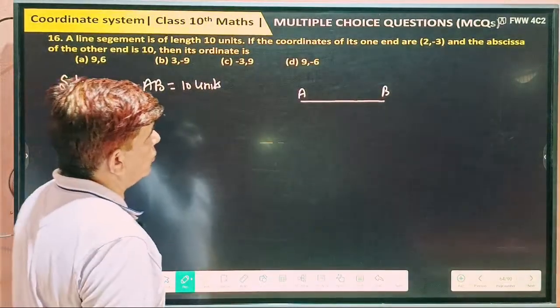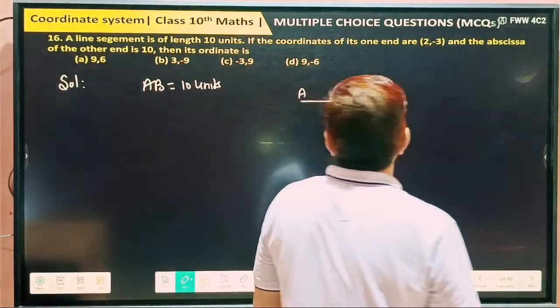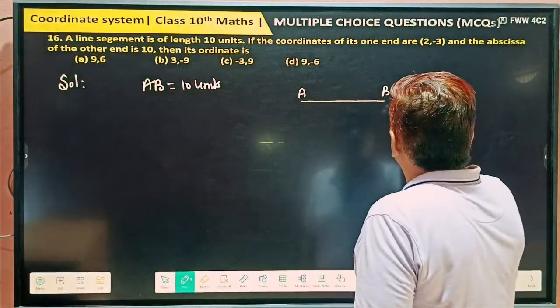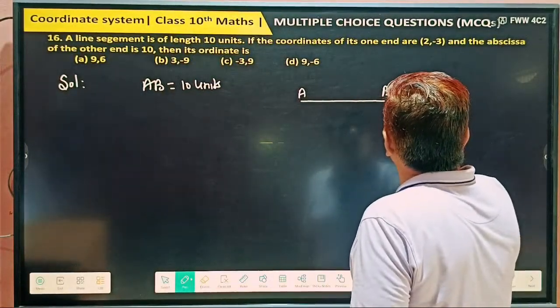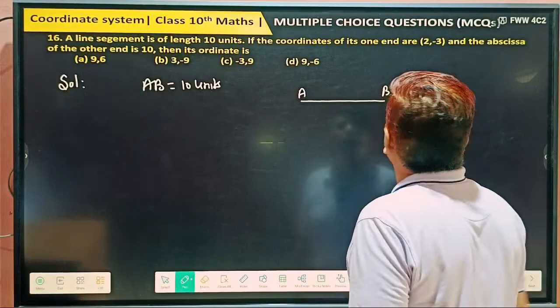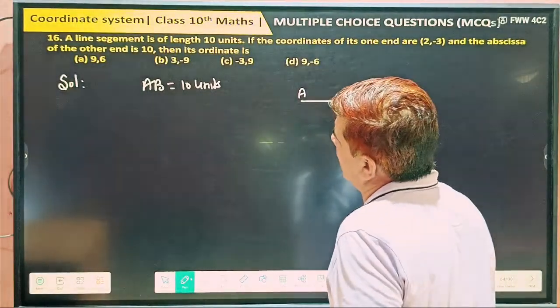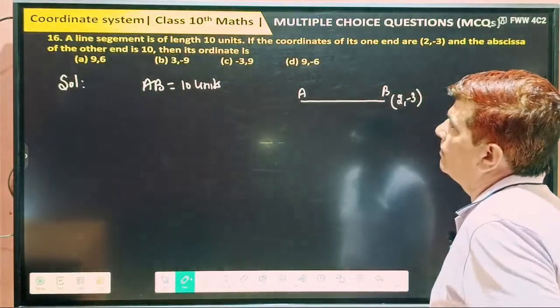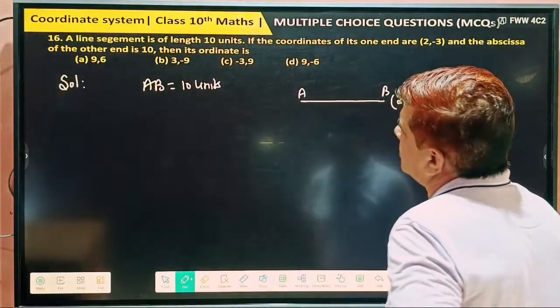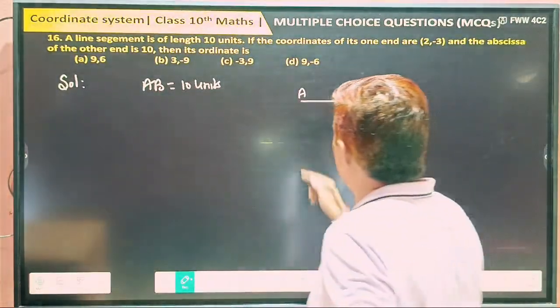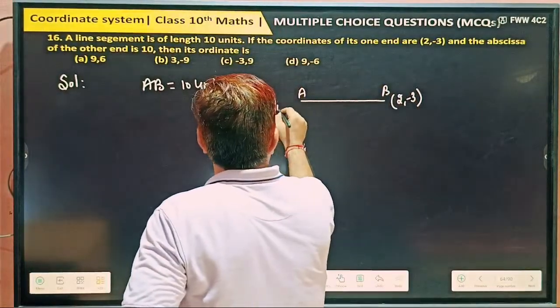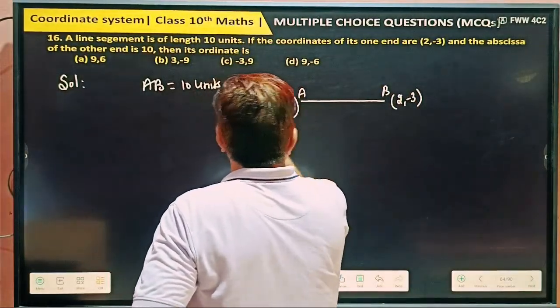If the coordinates of its one end point are 2 and minus 3, and the abscissa of the other end is 10. Abscissa meaning x-axis, so this is 10, and what is y? This we have to find out.